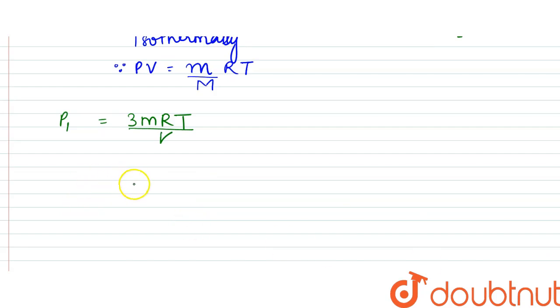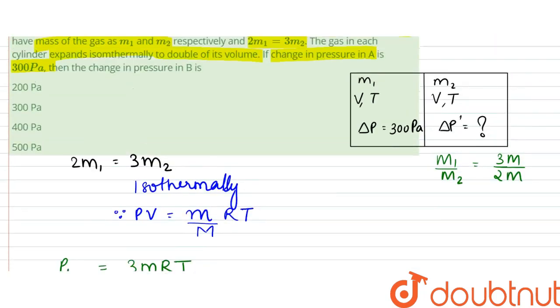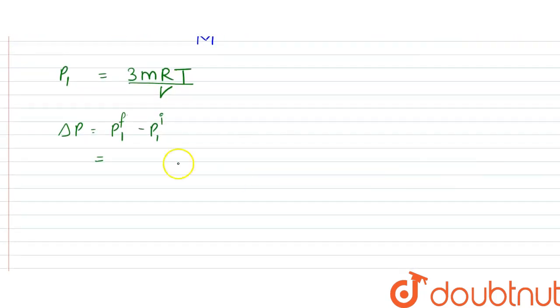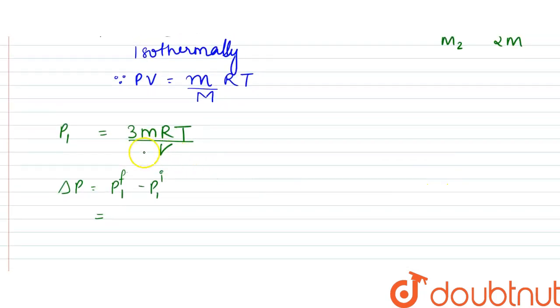So from here delta P would be equal to P1 final minus P1 initially. When we expand it to double its volume, first of all P1 dash would be equal to 3mRT by 2V.